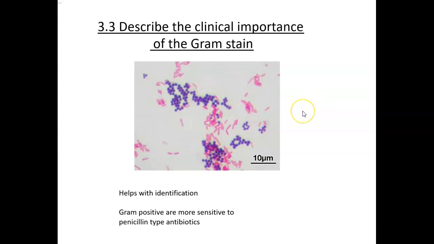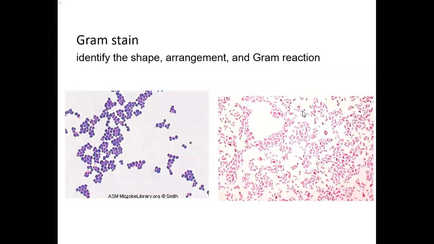Okay. Cell walls. Oh, here's a gram stain again. It says, tell me the shape and the arrangement in the gram reaction. So these cells, see if you can say they're gram-positive or negative. Gram-positive. The shape is coccus. They're round. The arrangement, they're in clusters, so it's called Staphylococcus.